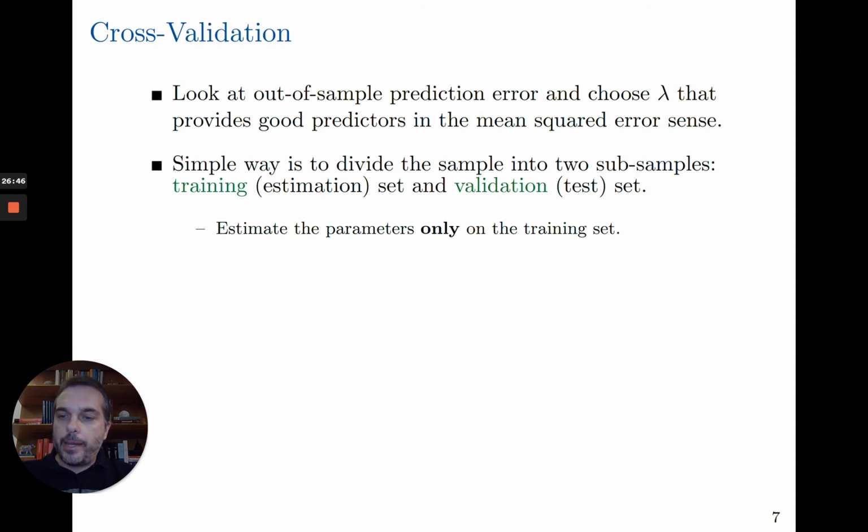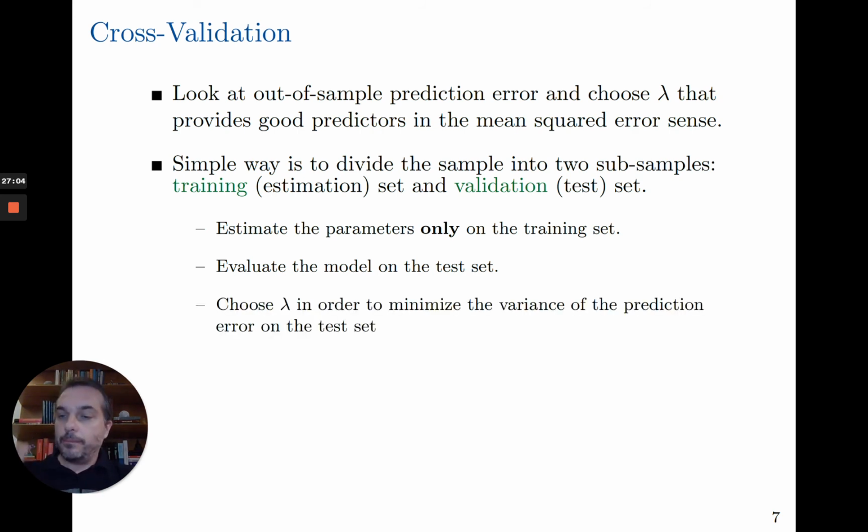After you have estimated your models, you compute predictions for the second sample, and then you validate your predictions using the second sample. So you evaluate your model on the test set. Choose lambda in order to minimize the variance of the prediction error on the test set, or any other criterion that you have in mind.